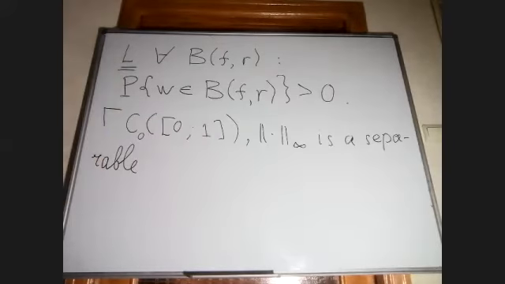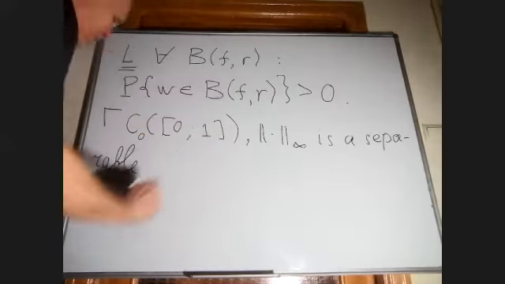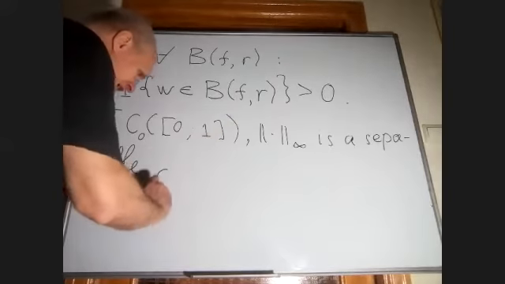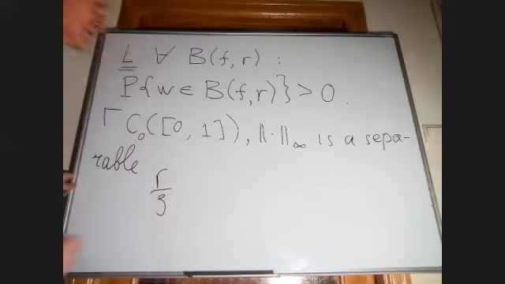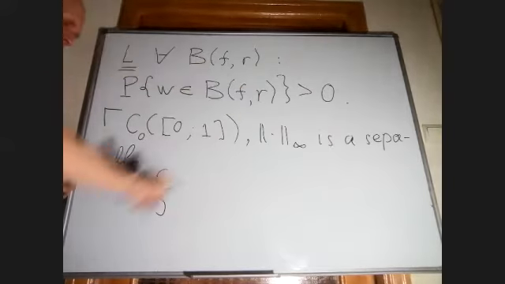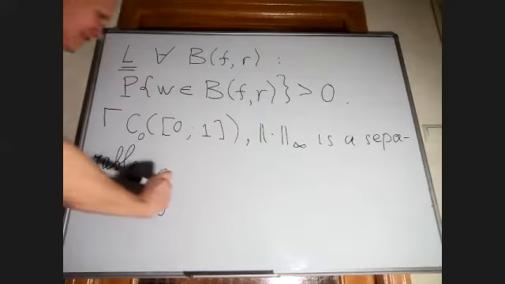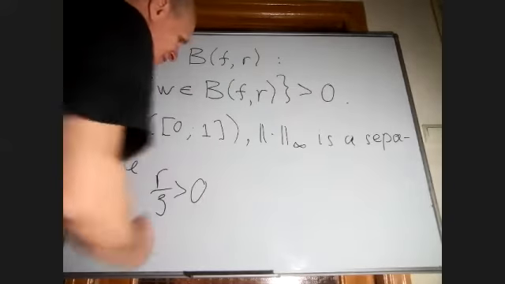Next step. Due to separability, if I take the positive number r over 3, this r, I just divided it by 3, it remains to be positive.